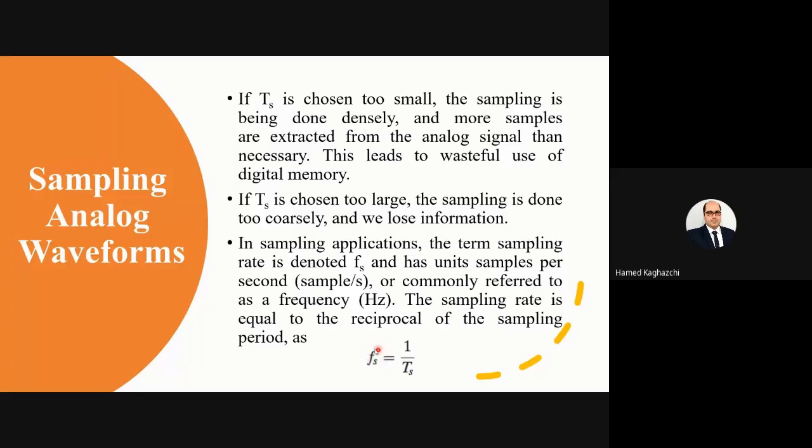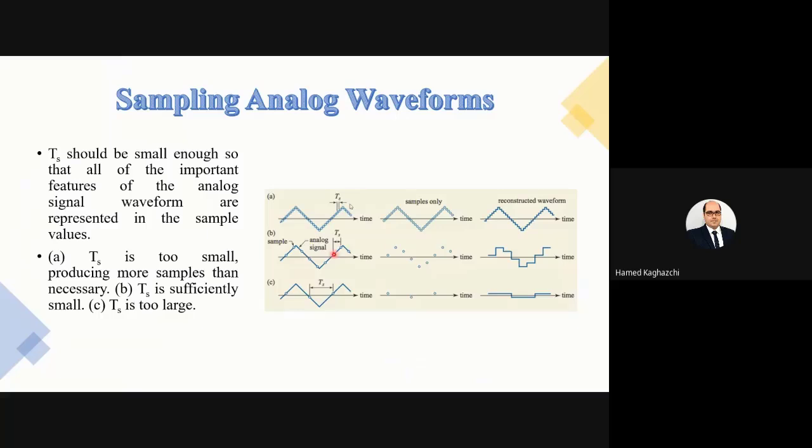And we know that the frequency is equal to 1 divided by Ts. The sampling rate is the reciprocal of the sampling period. Now, look at here. First of all, we suppose that we take the Ts like that.